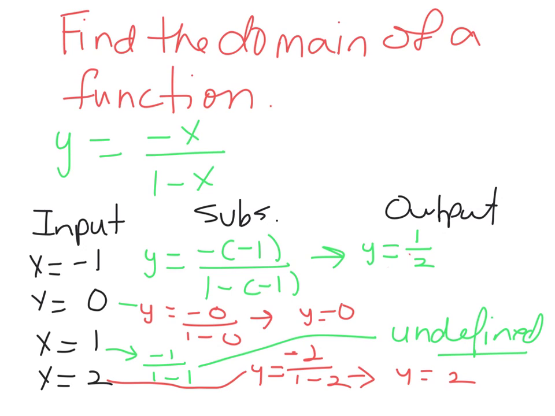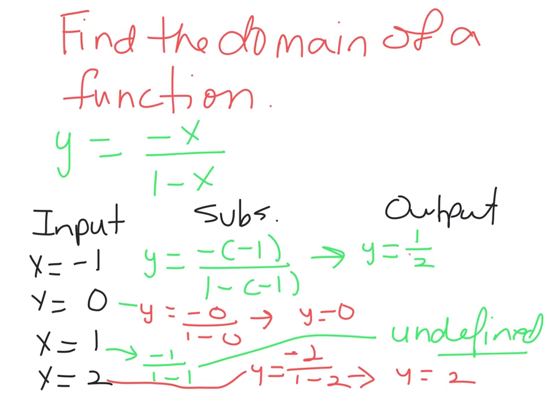So let's go through how you'd find the domain of a function with y equals negative x over 1 minus x. I didn't have enough room here, so bear with me. Don't do it this messy on your paper, but this is the best I could do here. So our input, we have x equals, we'll try it with negative 1.